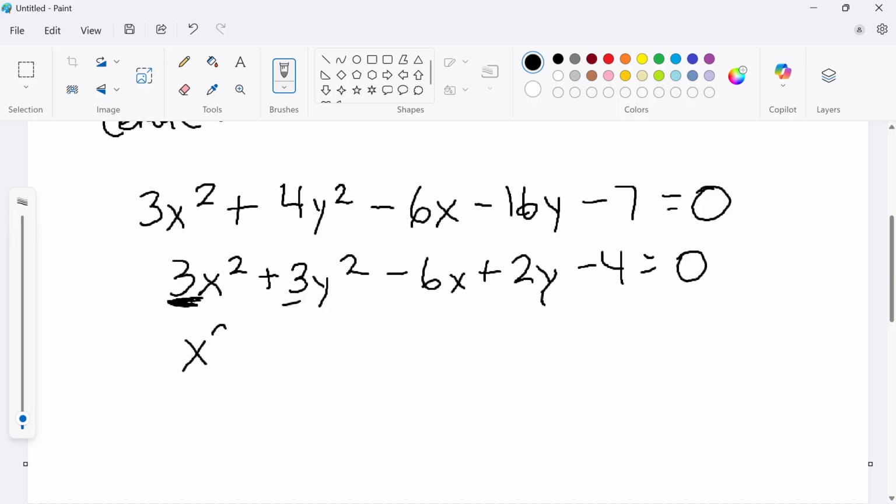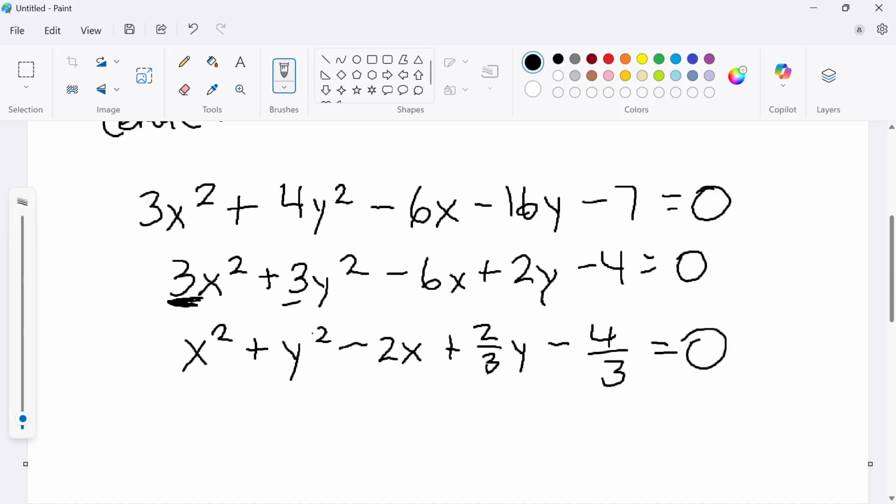This would be x squared, I'm just dividing everything by 3, plus y squared minus 2x plus 2 thirds y minus 4 thirds equals 0. So you could do that, and I know that this is a circle.